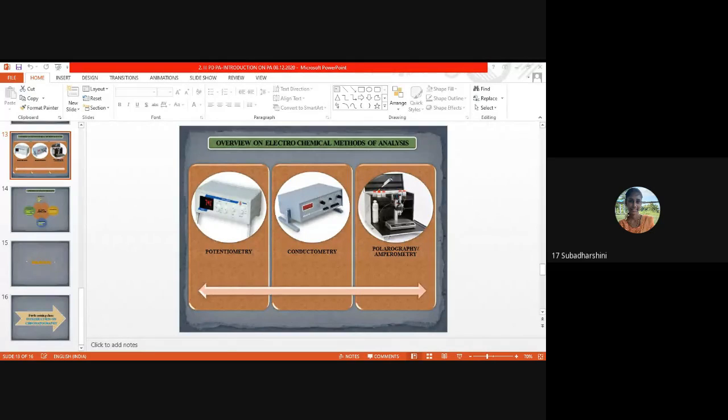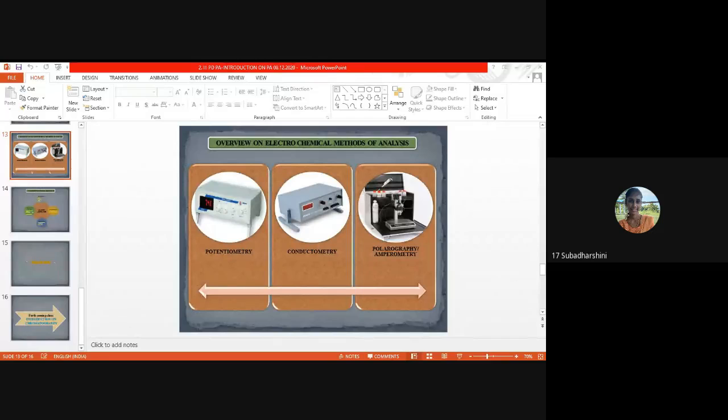Electronic is divided into two, that is absorption and emission spectroscopy. In absorption, molecular level is UV visible, and atomic level is atomic absorption, and in emission, molecular level is fluorimetry, and atomic level it is flame emission.